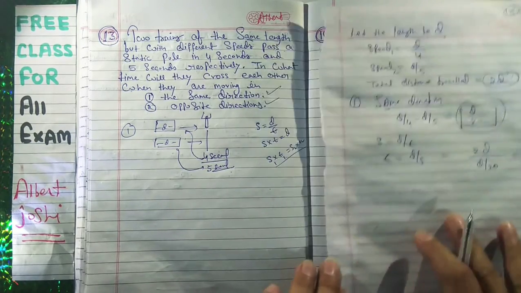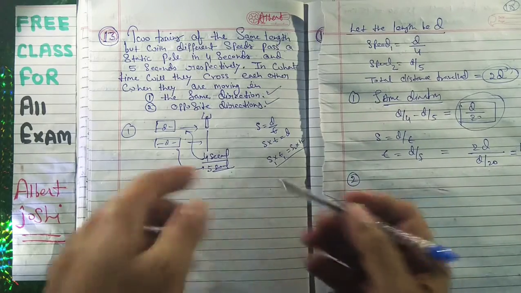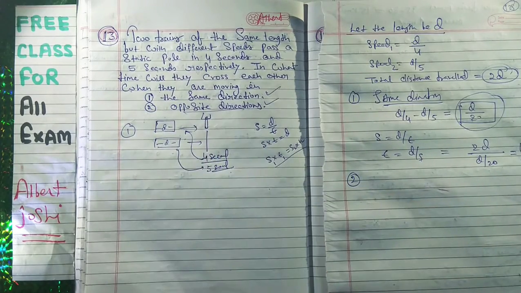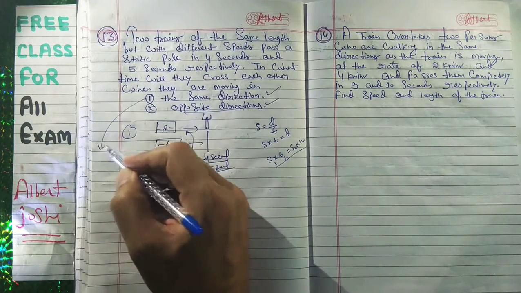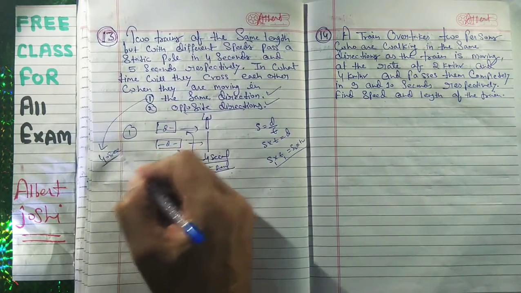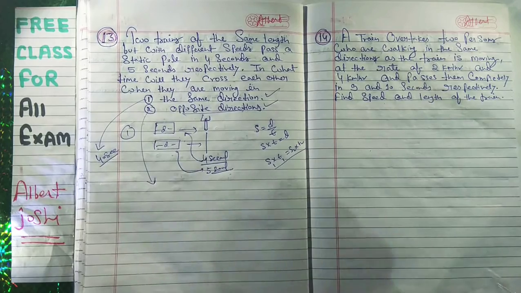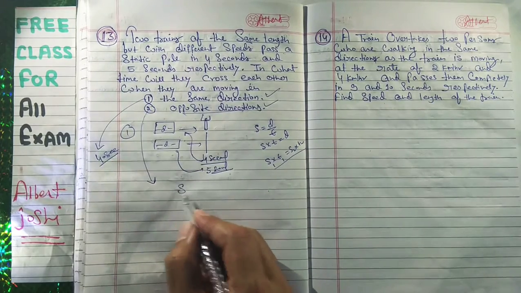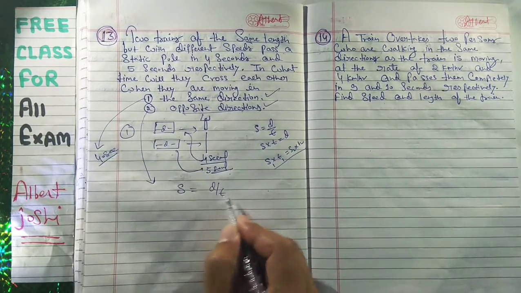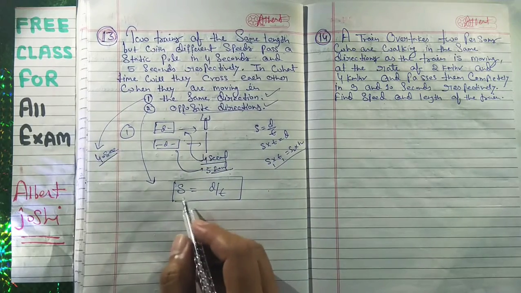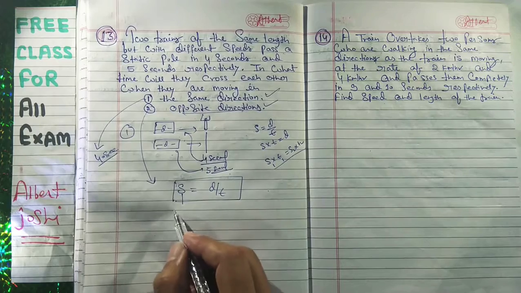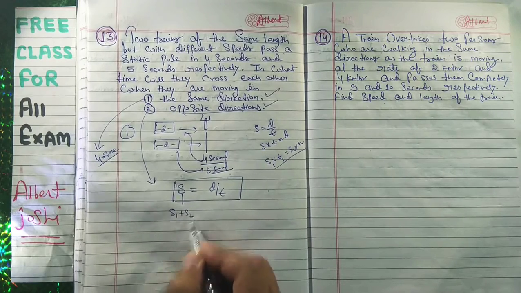Very simple. Now, when they are in the opposite direction, we have already done the same direction, which is 40 seconds. If they are in the opposite direction, you know that speed is equal to distance upon time, and in this condition you have to add speed 1 plus speed 2.